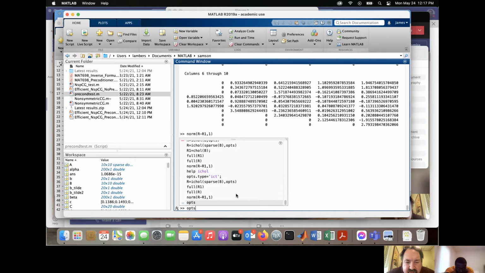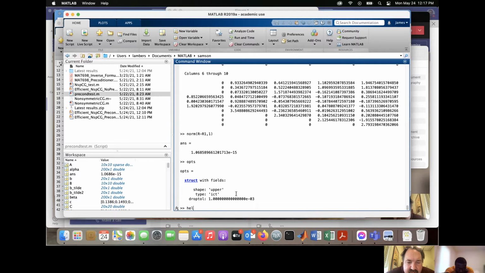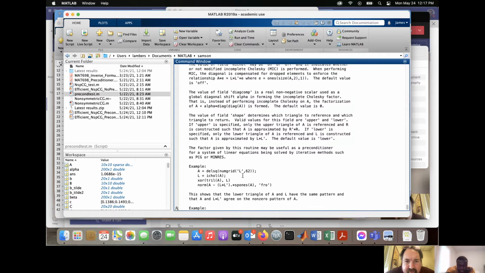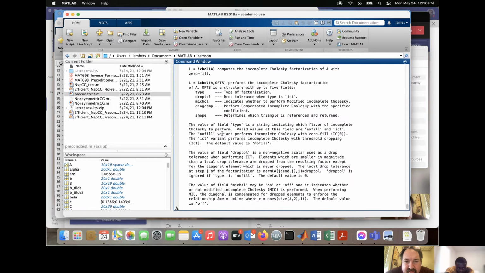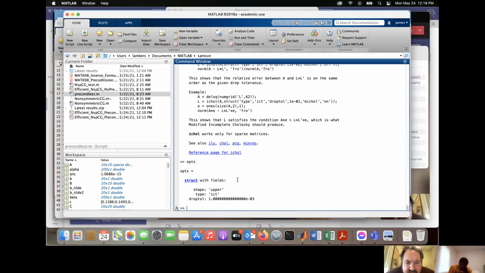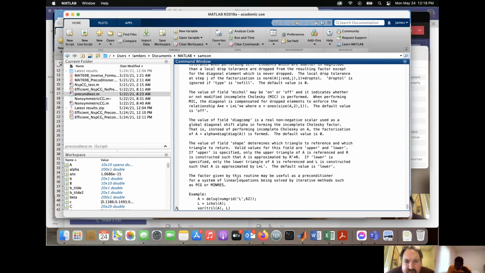Okay. Drop tol: elements of smaller magnitude than a local drop tolerance are dropped, except the diagonal, which was never dropped. Okay. All right. Yeah, but that's what I wanted.